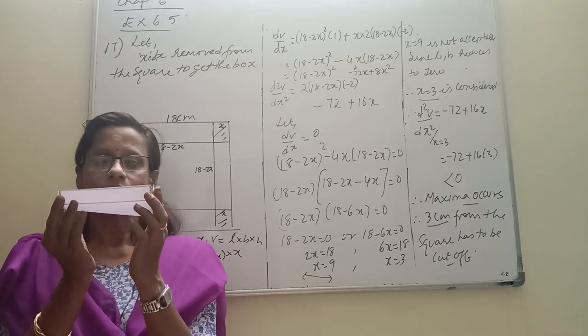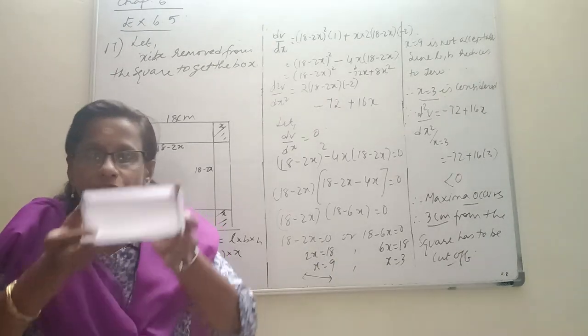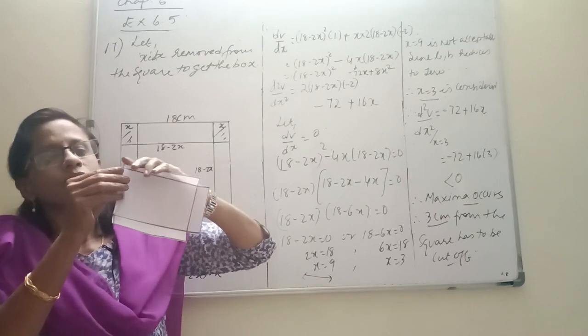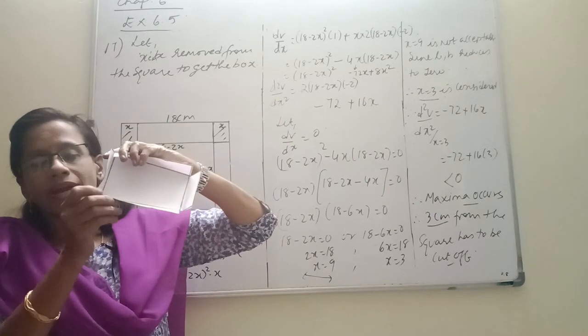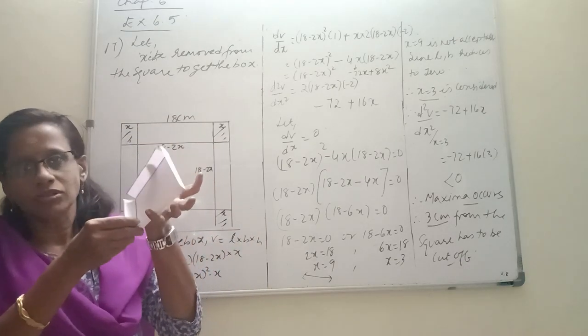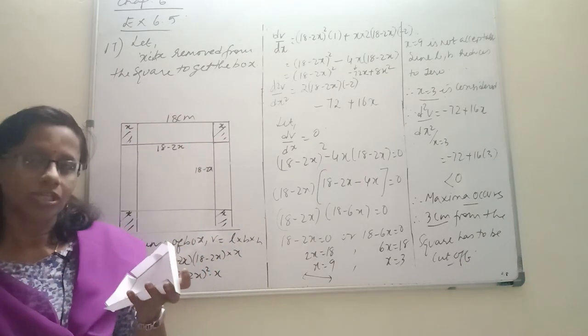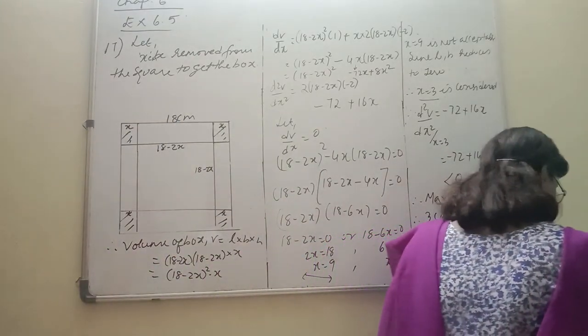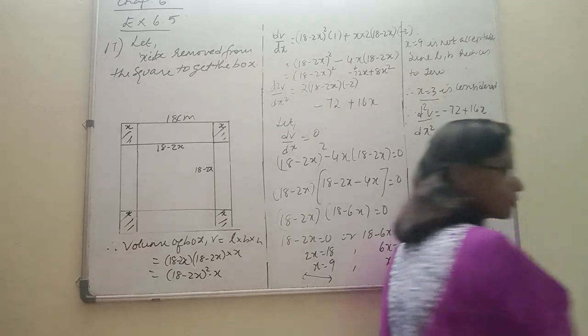This is how you get the box out of folding those flaps, after removing the squares on the corners. So this is the construction of the box, and this is how you're going to go about doing the work. Let's relate ourselves to the given problem.